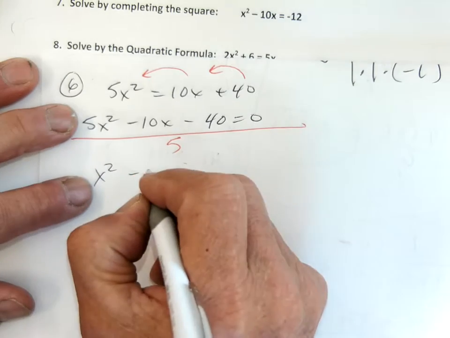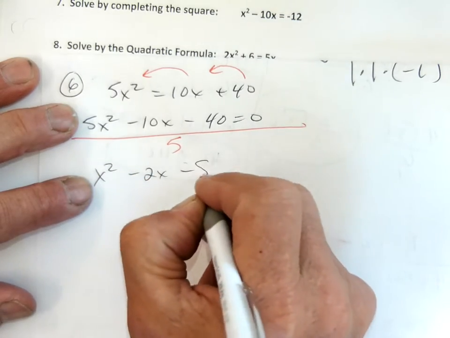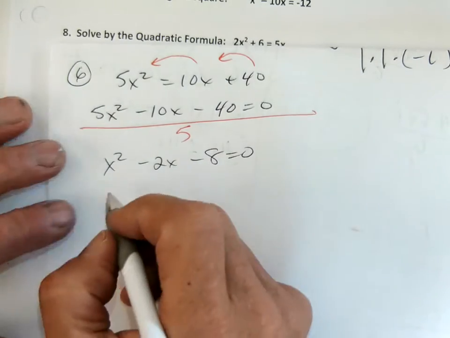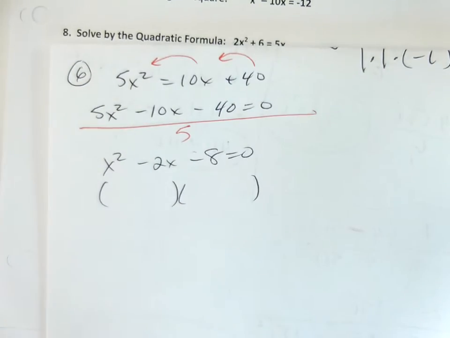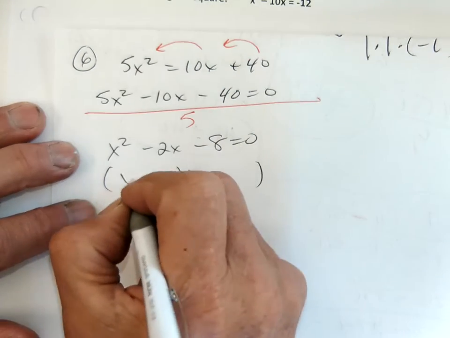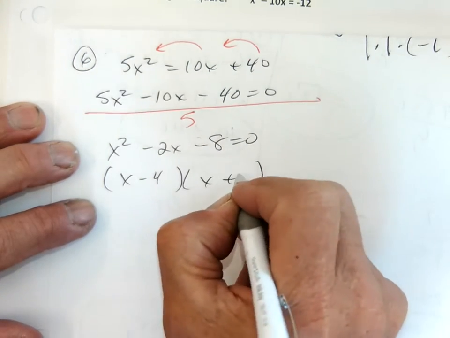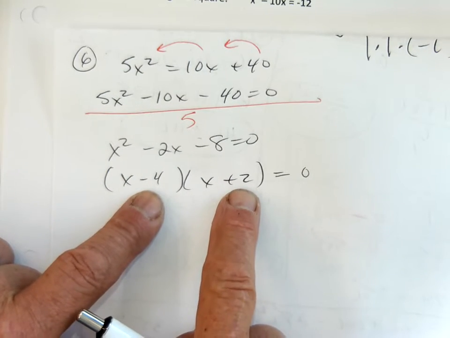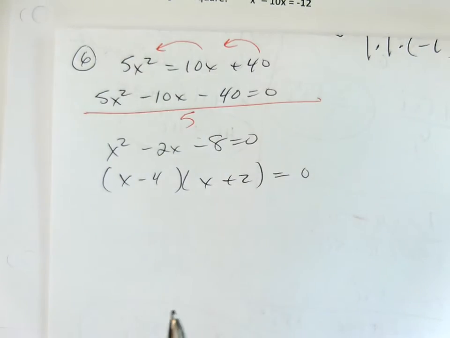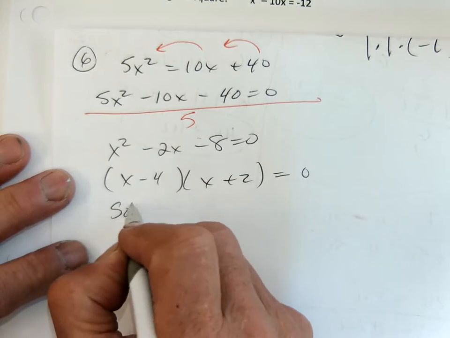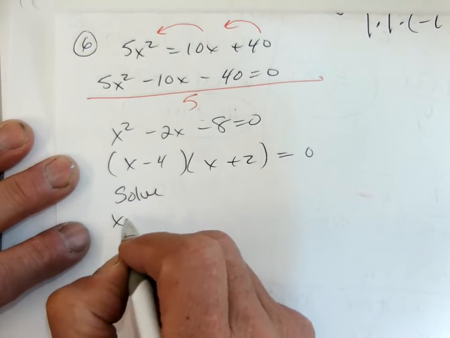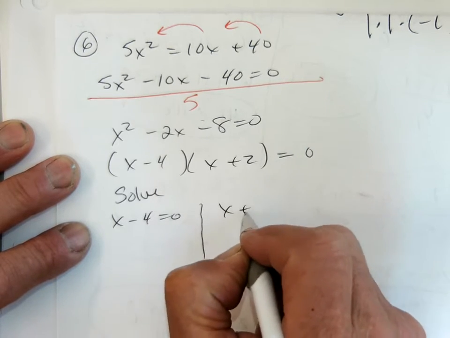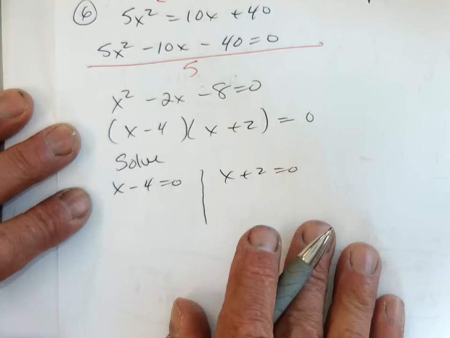x squared minus 2x minus 8 equals 0, right? I'm going to factor. I'm going to go x minus 4, x plus 2, because they'll multiply to make negative 8, but then they'll add to make the negative 2. But that's not the answer because we're solving. So if we're going to solve, I'm going to rewrite this as x minus 4 equals 0 and x plus 2 equals 0, right?